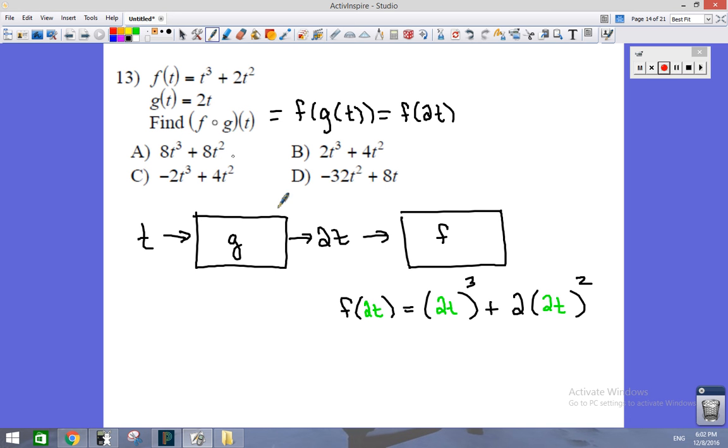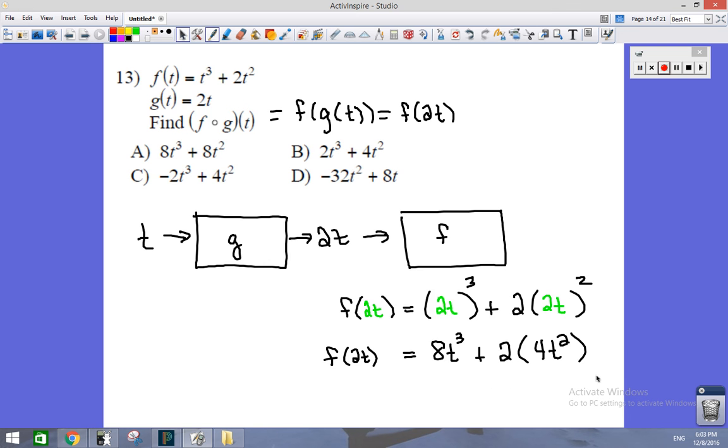All right, so now I don't have to create a table to take 2t times 2t times 2t. 2 cubed is 8. t cubed, well, t to the third power. 2t times 2t. 2 times 2 is 4. t times t is t squared.